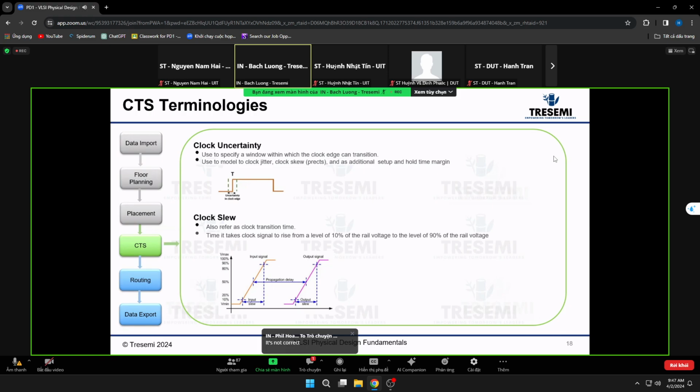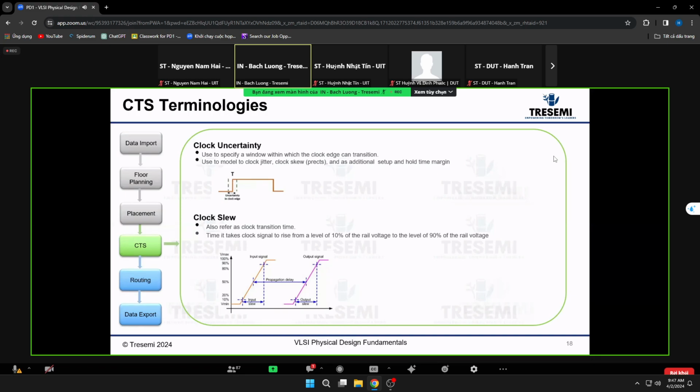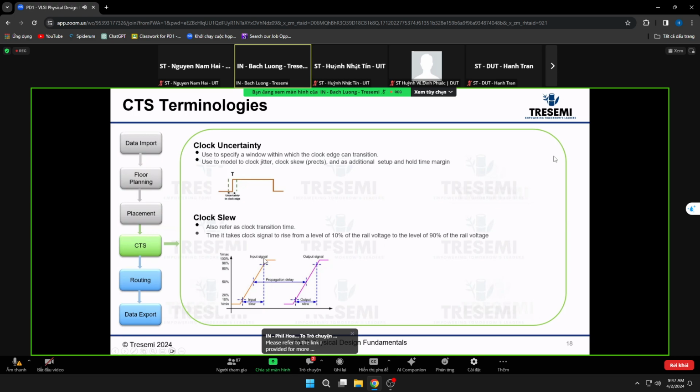Okay. Clock slew is also known as the clock transition time. I think we learned about what transition time is before. Slew is just another term for transition time, because slew rate is how fast the signal rises from low to high.